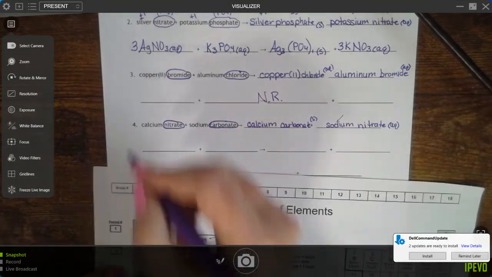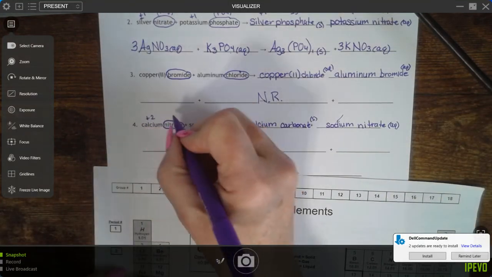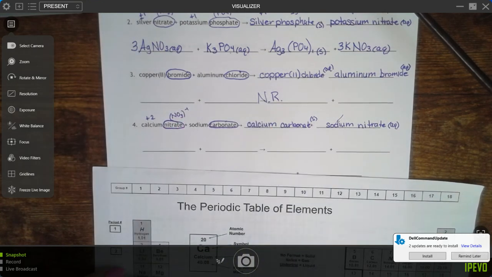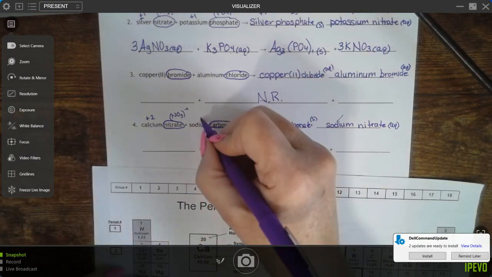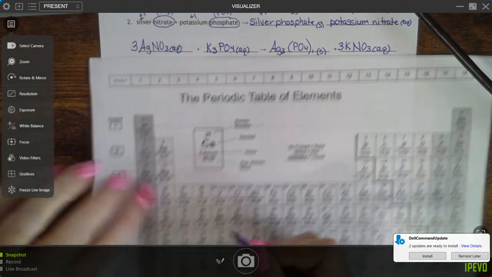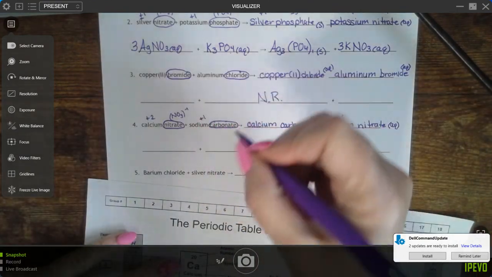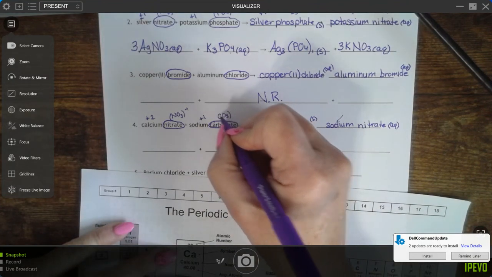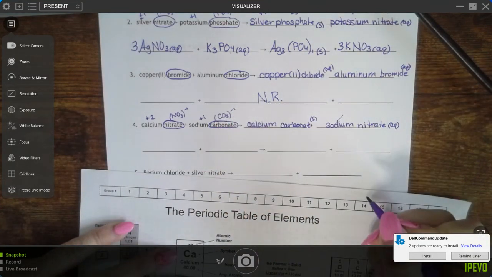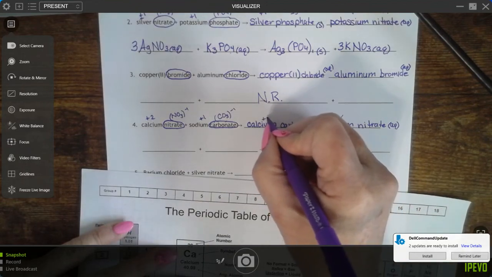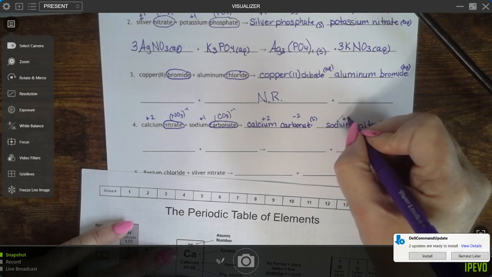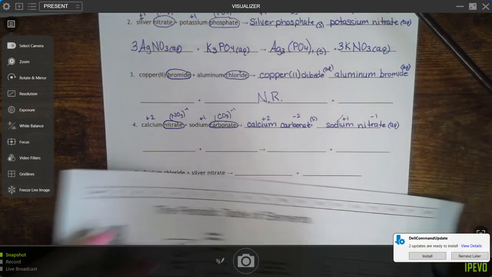Calcium has a +2 charge. Nitrate is NO3 -1. Sodium has a +1 charge. And carbonate is CO3 -2. So then our products, we've got calcium +2, carbonate -2, sodium +1, nitrate -1.